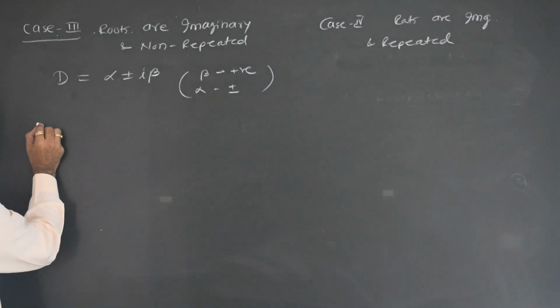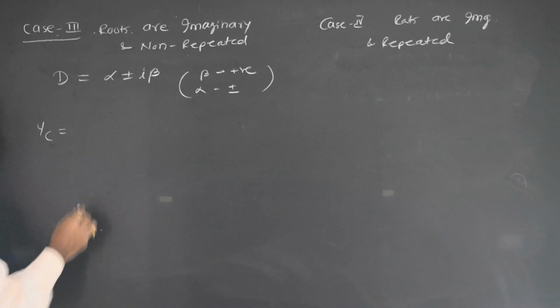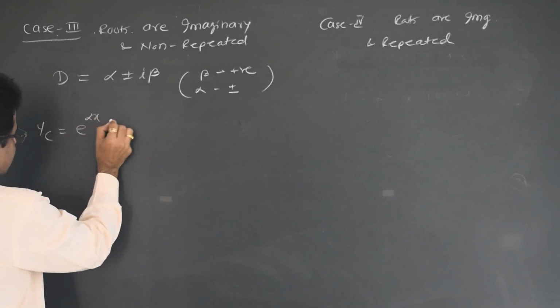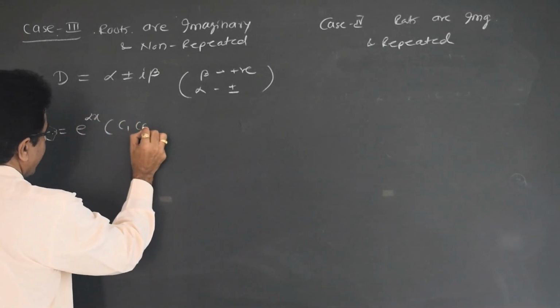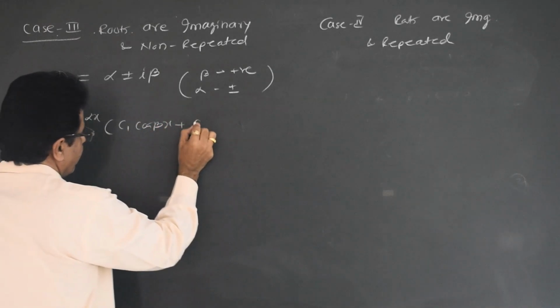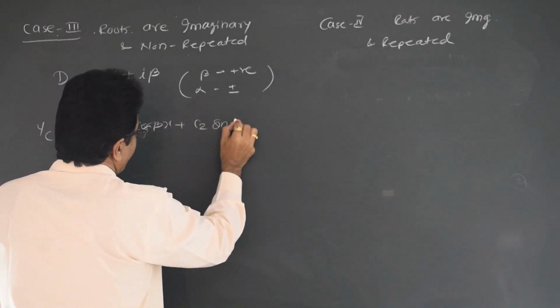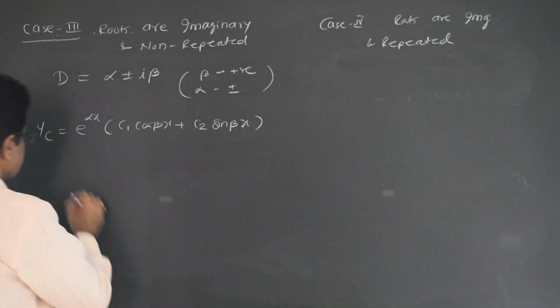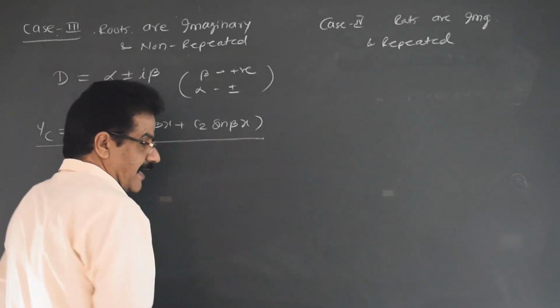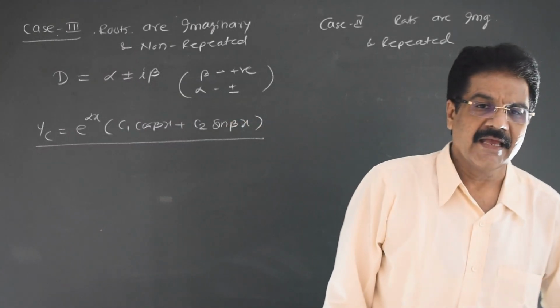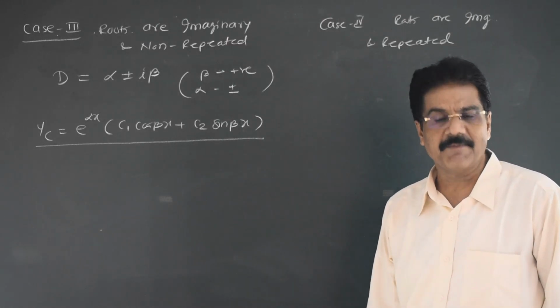And then the solution yc is written as e raised to alpha x in bracket c1 cos of beta x plus c2 sin of beta x. So this is the solution of case number 3 when the roots are imaginary and non-repeated.